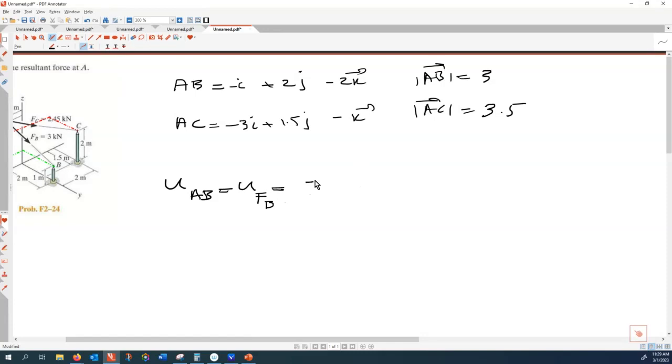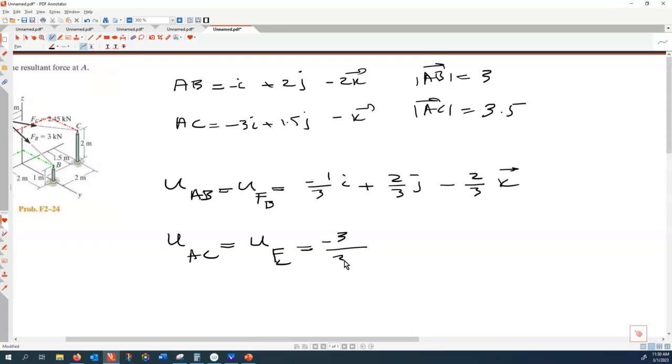that is minus 1/3 I plus 2/3 J minus 2/3 K. And the unit vector of AC, which is the unit vector of FC, that is minus 3 by 3.5 I plus 1.5 by 3.5 J minus 1 by 3.5 K. Okay, and then all you have to do, you have the magnitude of the forces.